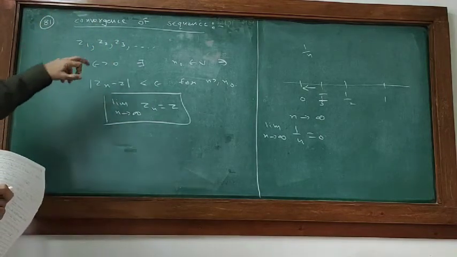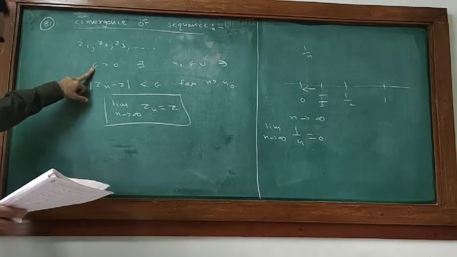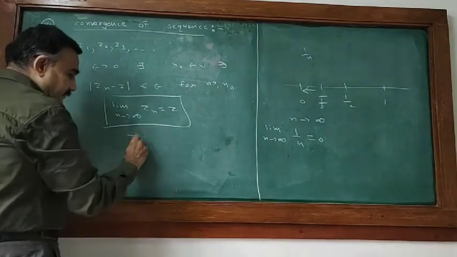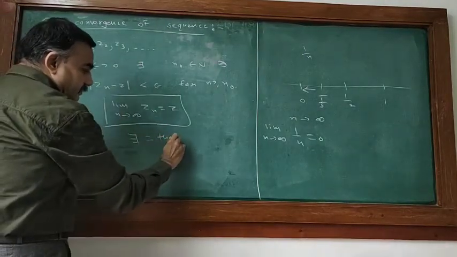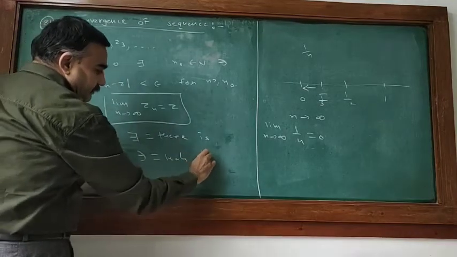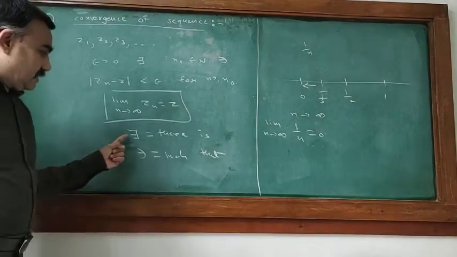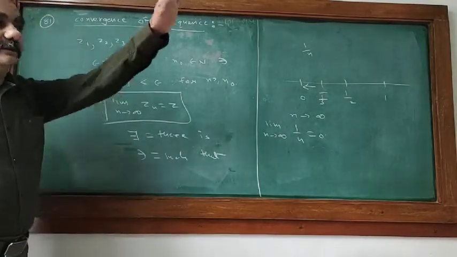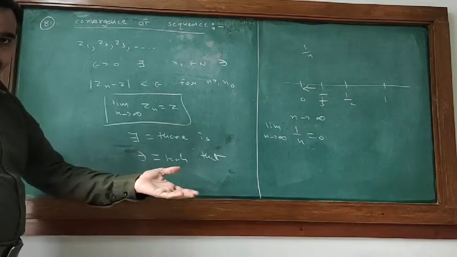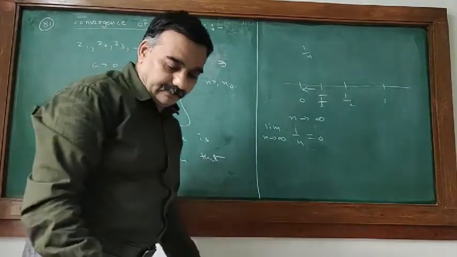What is convergence? If for each epsilon positive there is, and this is the symbol of there is, and this is the symbol of such that. There is means there exists. Such that means by using that way in mathematics.